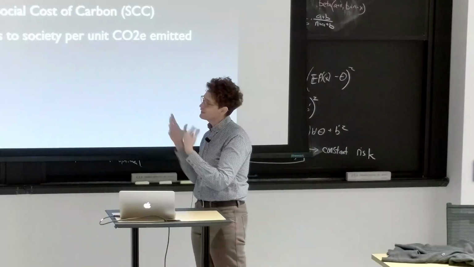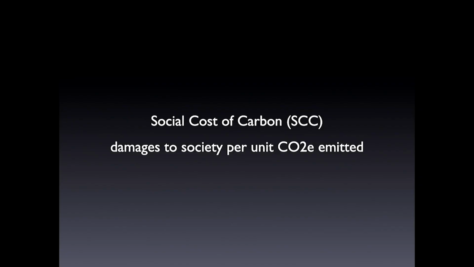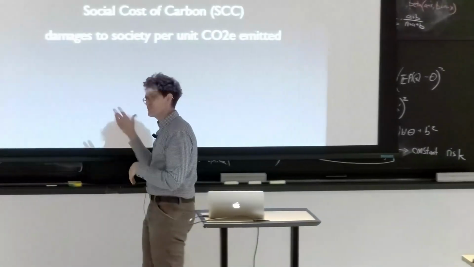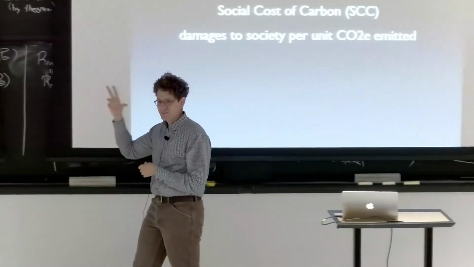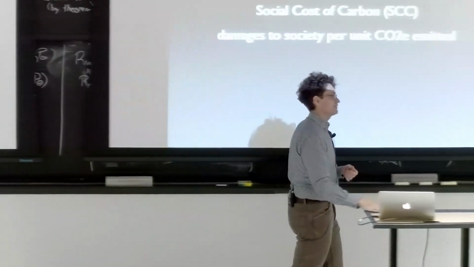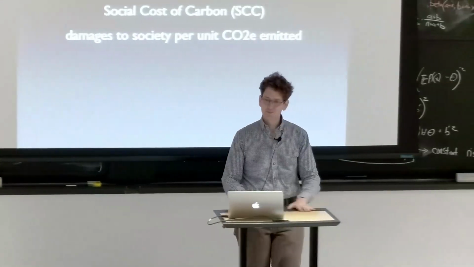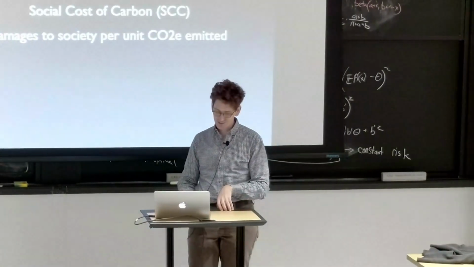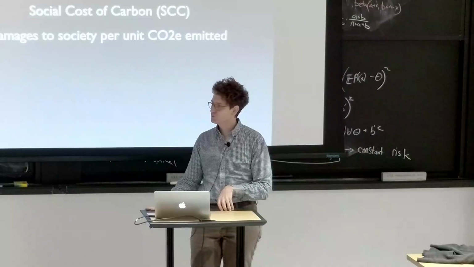In principle, we would like to know this if we're going to do a cost-benefit approach, right? But if you did your reading, you'll see that Pindyck sort of eviscerated the process by which this number is generated, which then leads us back to the problem. Okay, wait, what? If this is basically not very useful, what do we do?